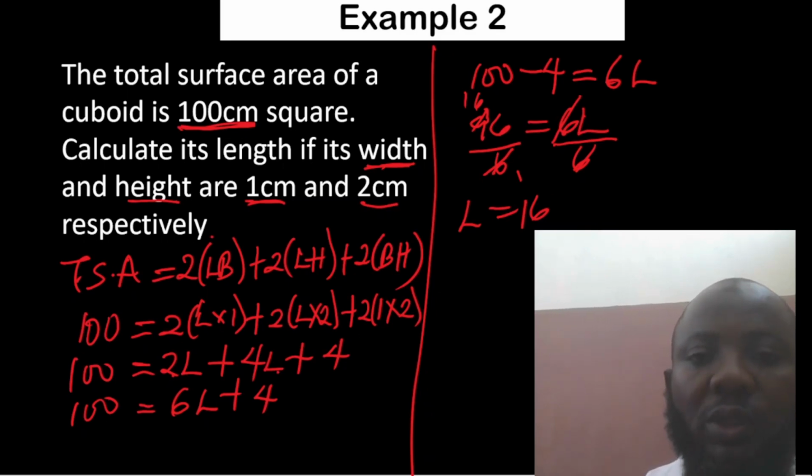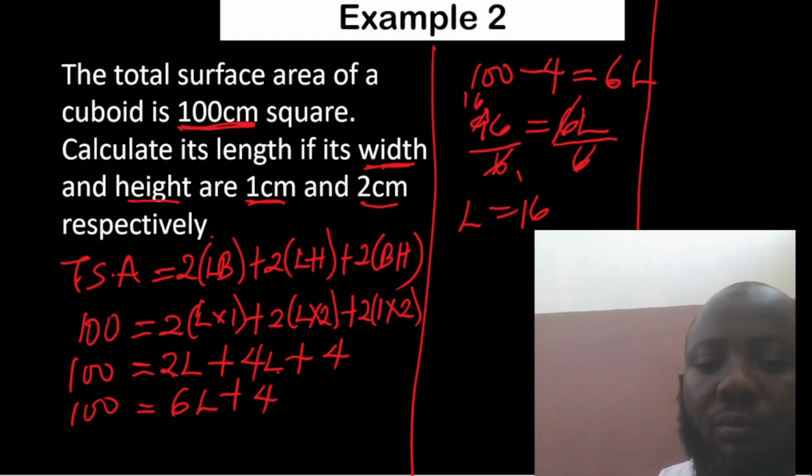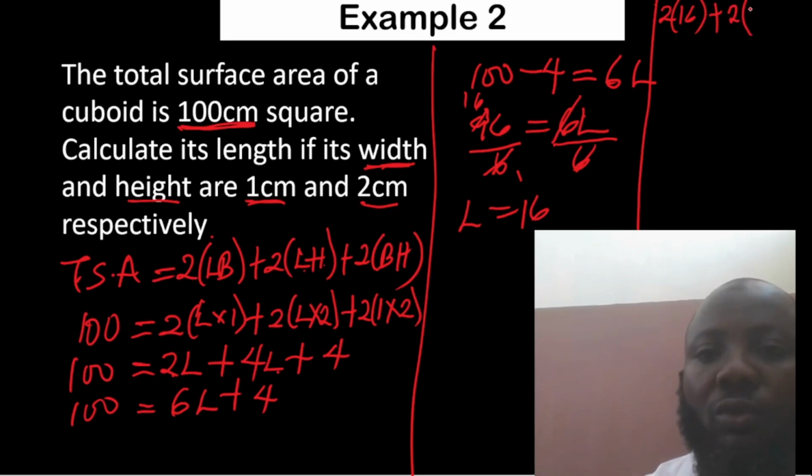We're going to put it into the formula. 2 times length, which is 16, times breadth, which is 1, gives 32. Plus 2 into length, which is 16, times height, which is 2, gives 64.